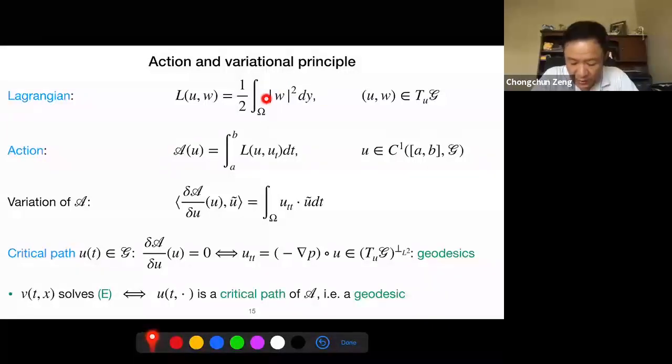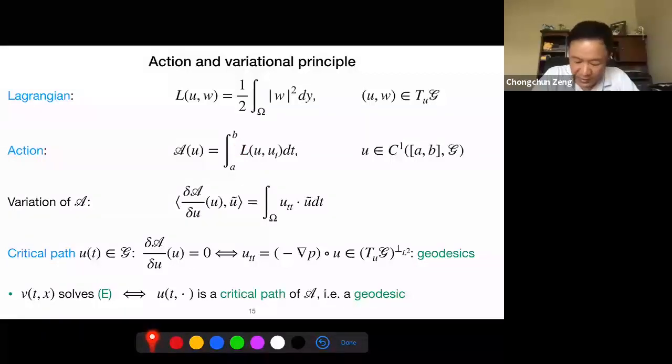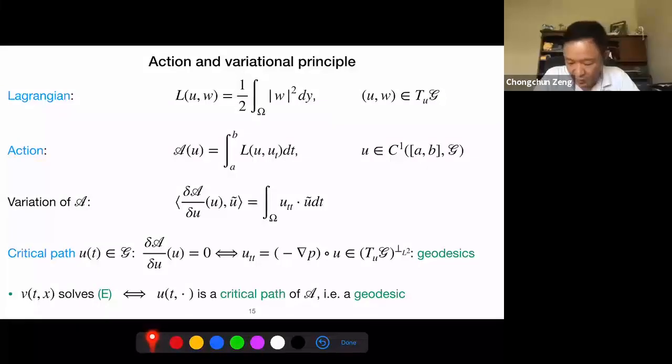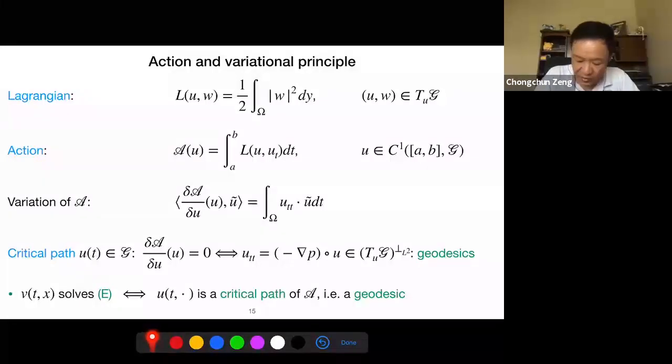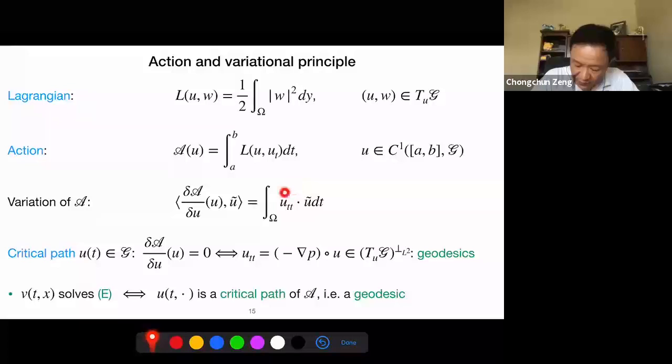Then when you carry out the variation of this functional, the action, the integral of u_t squared, you do integration by parts in t once, and assume that when you do the variation, you don't change the boundary value. Then you end up with this. So a critical path would say that u is a critical path if and only if this is equal to 0 for any variation of vector field ũ.